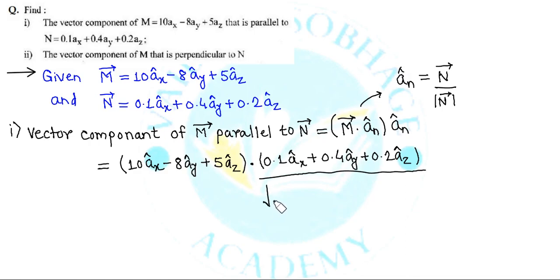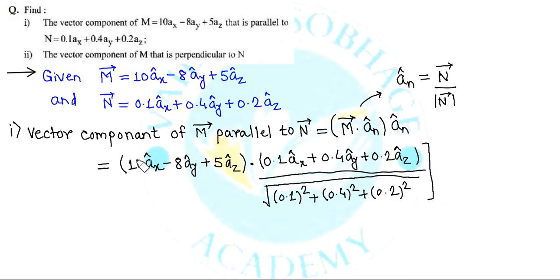We have that to be the square root of 0.1 square plus 0.4 square plus 0.2 square, that taken in the square root. So take it onto one bracket. This also shows you what? That shows you the scalar projection of vector m over vector n.